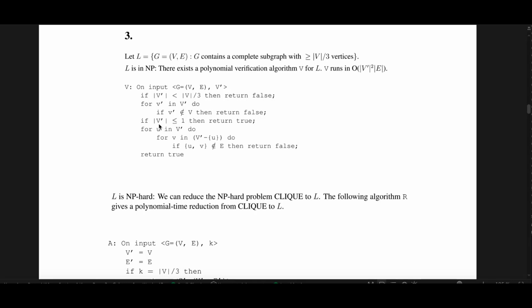If the number of V+ is no larger than 1, then return true. For u in V+ do, for v in V+ minus the set of u do: if (u, v) doesn't belong to E, then return false, and finally return true.